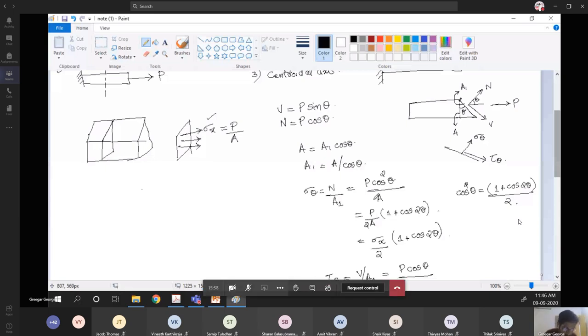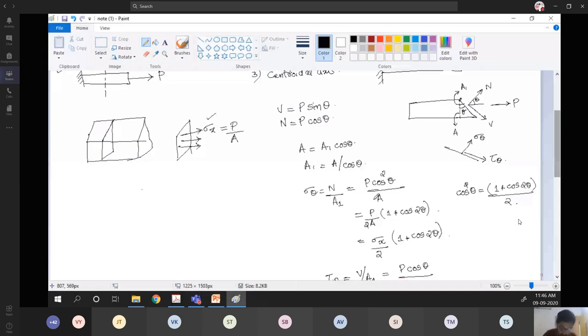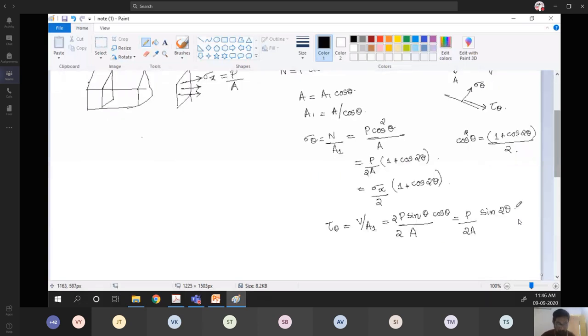V is P sin theta by A1. A1 is A by cos theta, so it will come with cos theta. Multiplying and dividing by 2, I'm making P by 2A sin 2 theta. And here again P by A is sigma x, so it will come as sigma x by 2 sin 2 theta.